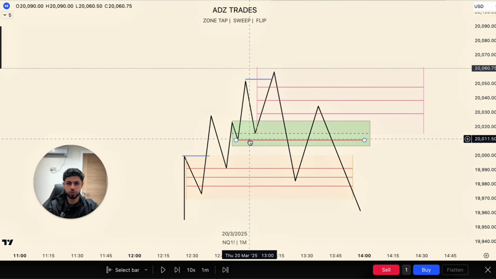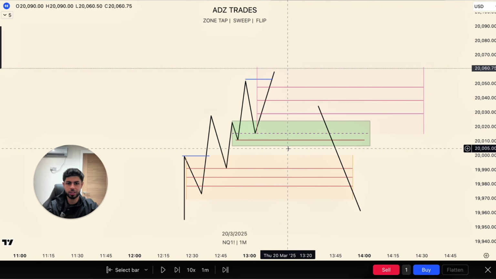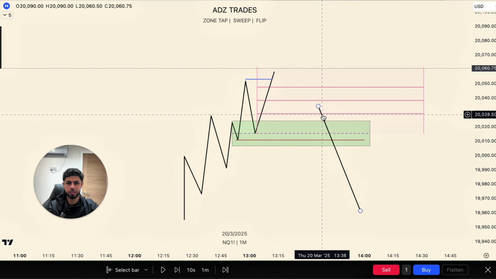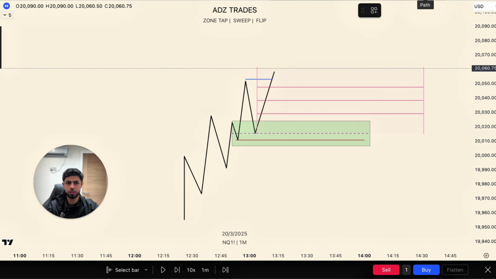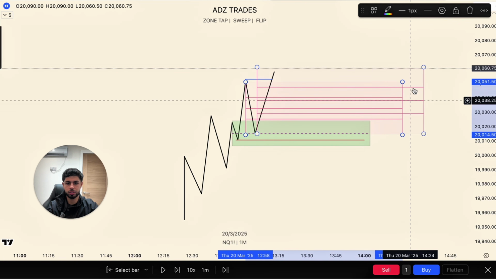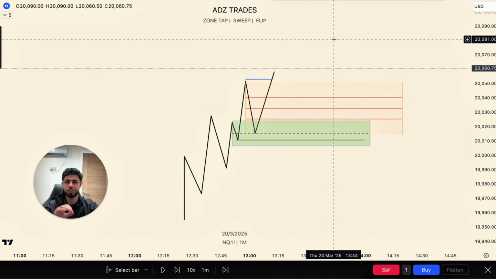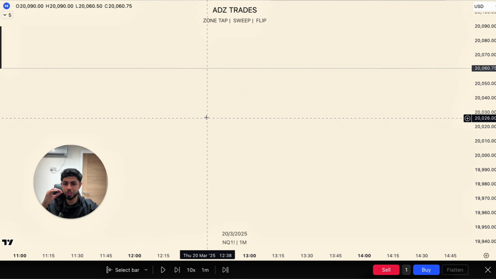So any zone underneath this red line here is irrelevant. I'm only looking now for buys really in this zone here, or if we sweep this, first tap into this demand and continue higher. That's it, okay? Any other zone is irrelevant because we're always trading with the trend.